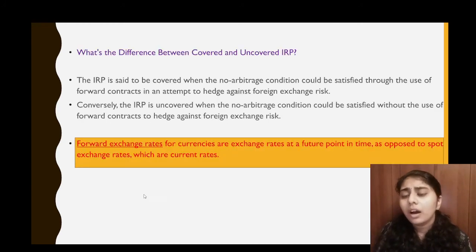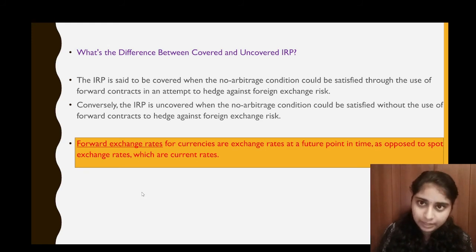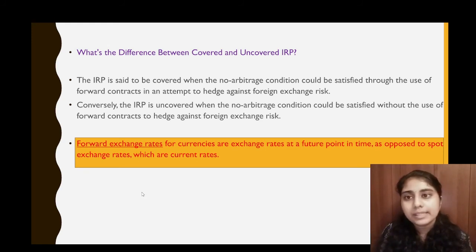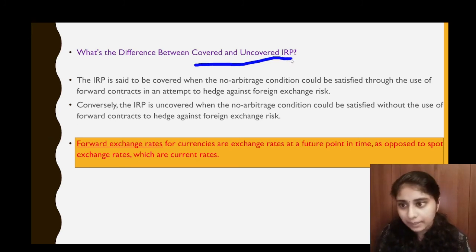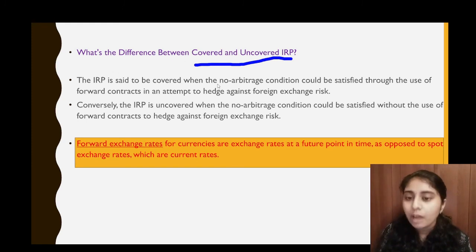So a main question: interest rate parity is of two types, covered interest rate parity and uncovered interest rate parity. This is a common question seen everywhere: what is the difference between covered and uncovered interest rate parity? Interest rate parity is said to be covered when the no-arbitrage condition is satisfied through the use of a forward contract in an attempt to hedge against foreign exchange risk.